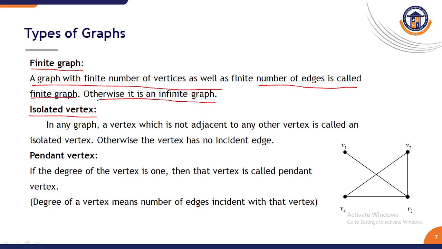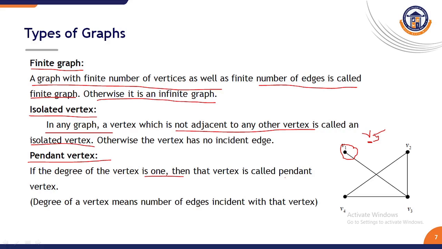Isolated vertex. In any graph, a vertex which is not adjacent to any other vertex is called an isolated vertex. For example, this is vertex 5. So it is an isolated vertex. Pendant vertex. If the degree of the vertex is 1, then it is known as pendant vertex.